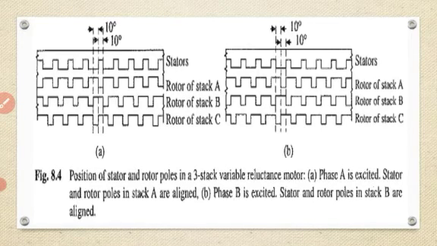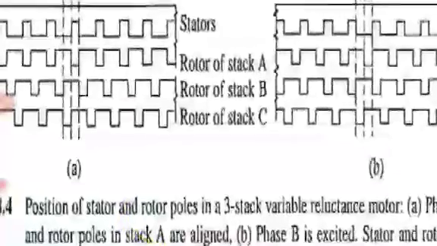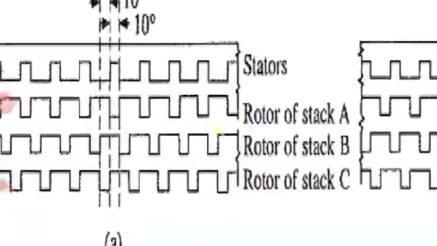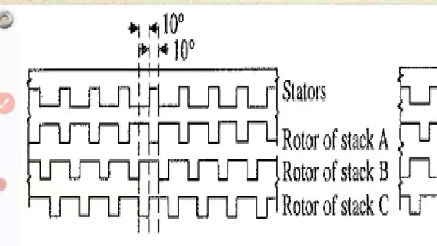See, in this there are 3 rotor stacks: A, B, C. Looking here, the rotor will align by 10 degrees. This shows the relative position of stator and rotor poles for 3 stacks when phase A is excited.